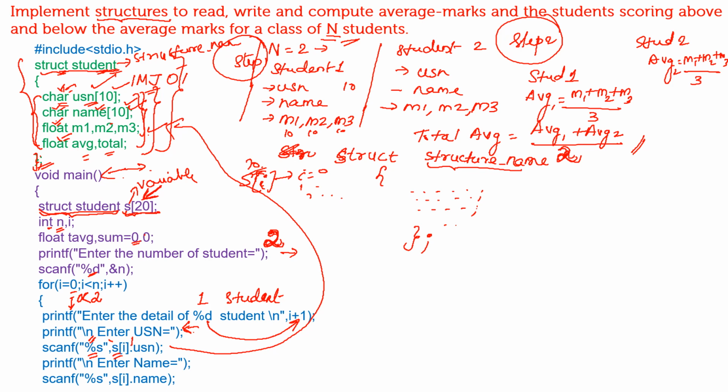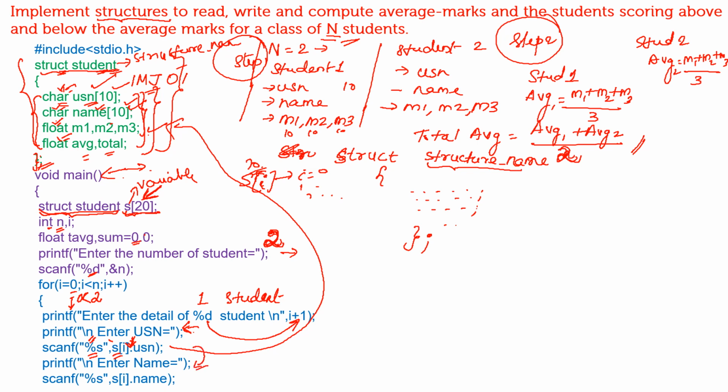You are using a dot operator. Okay. So what it indicates? Student S of 0 dot USN, because I is equal to 0, right? So for the first student the USN value will be entered. Are you able to understand? So always you have to use a dot operator if you want to access the member of the structure. So scanf percentage s comma S of I dot USN.